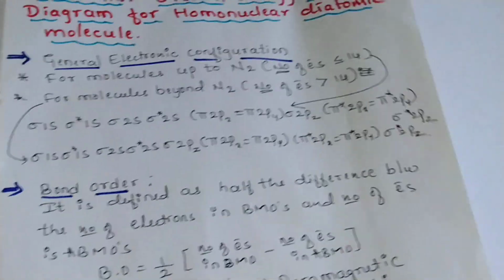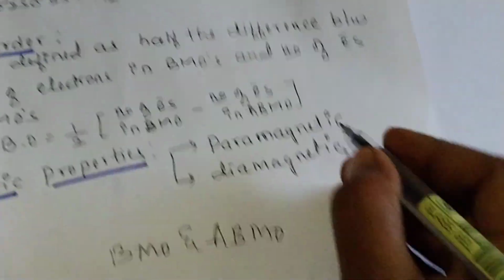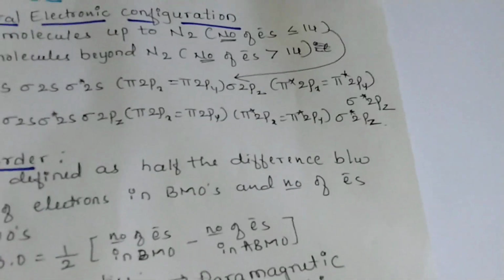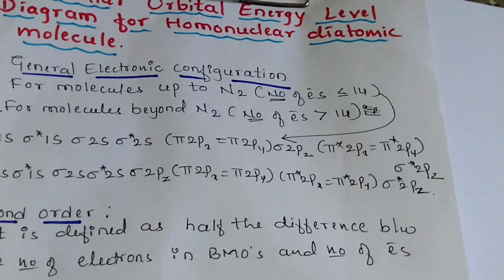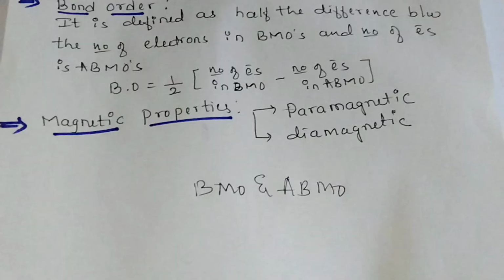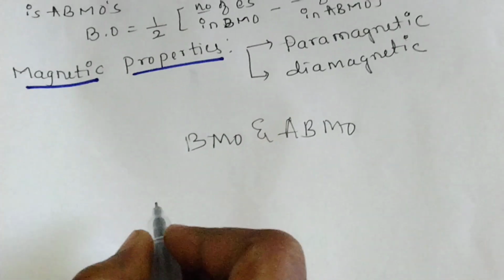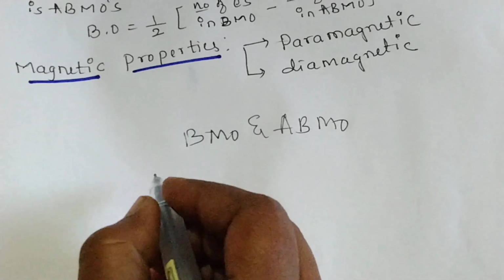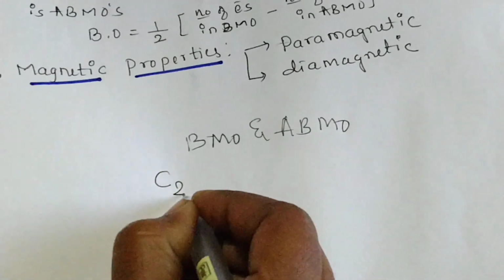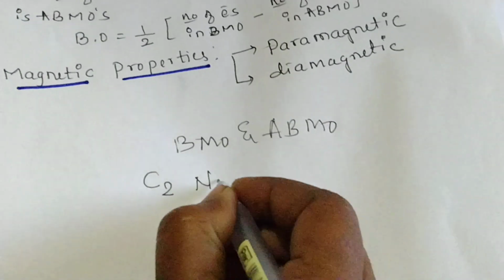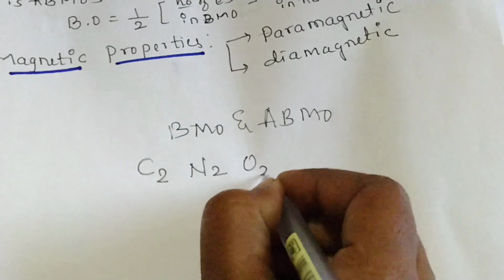We know that a homonuclear diatomic molecule is one where the two nuclei are the same, for example the carbon molecule, nitrogen molecule, oxygen molecule.